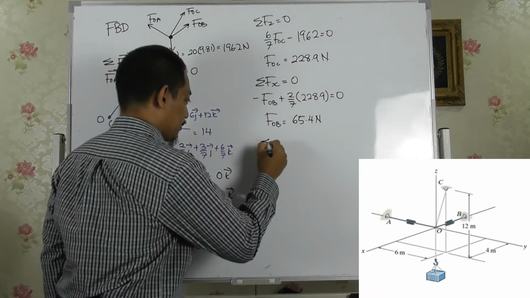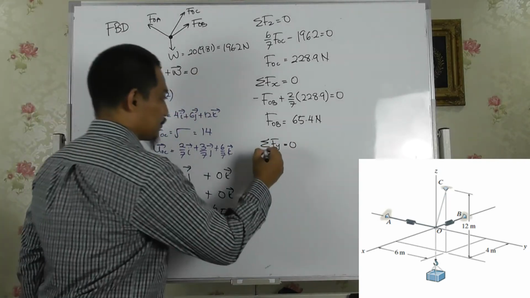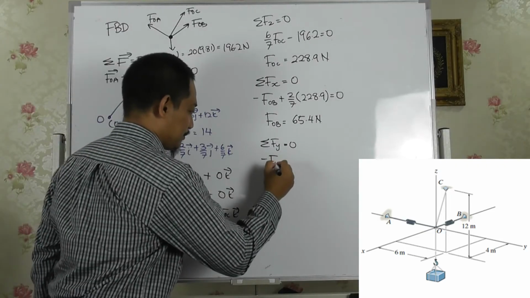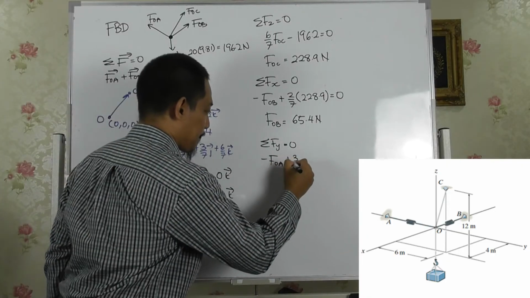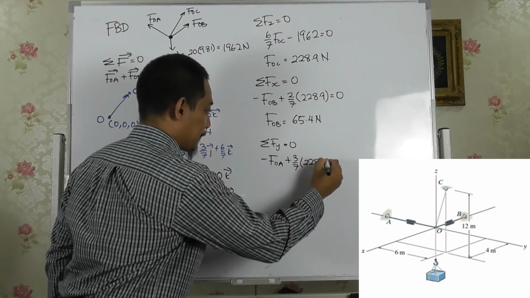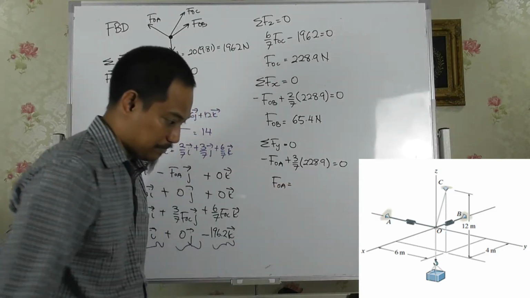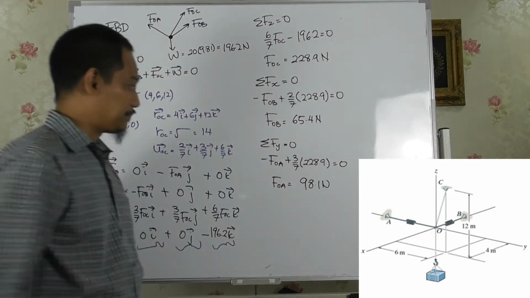And then if you do summation of Fy equal to 0, you get 3 over 7 FOC minus FOA plus 3 over 7 FOC, which is 228.9, equal to 0. So FOA you can calculate to be 98.1 Newton.